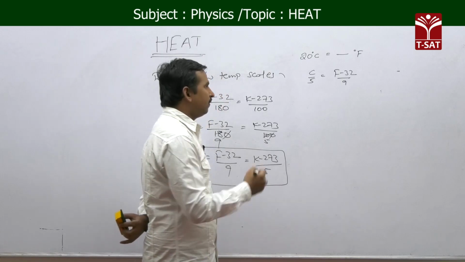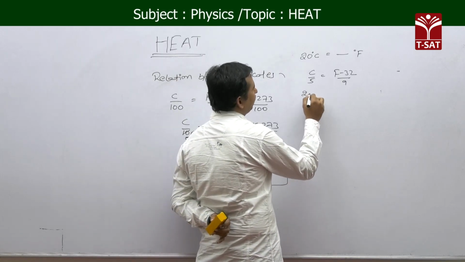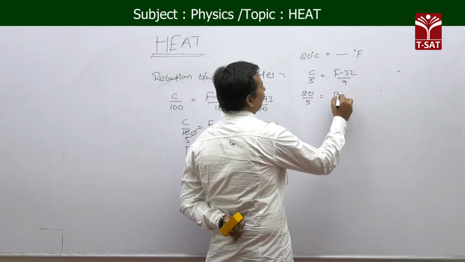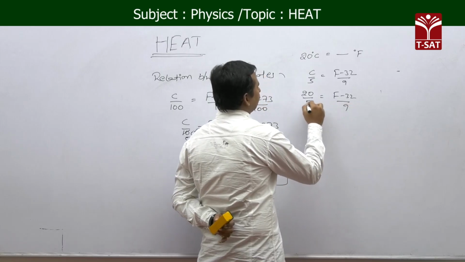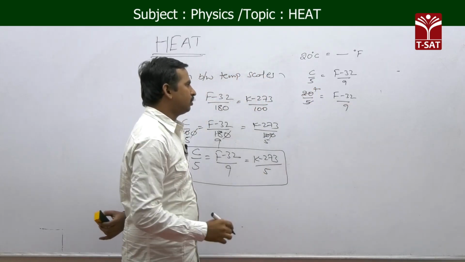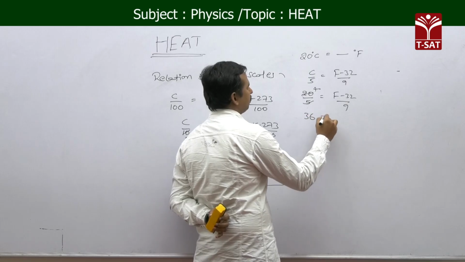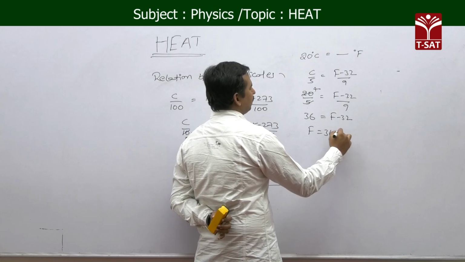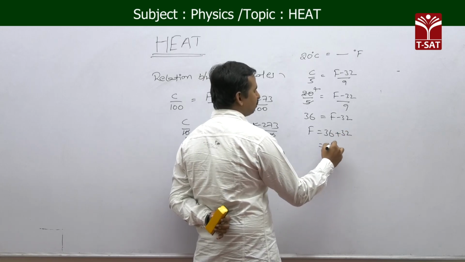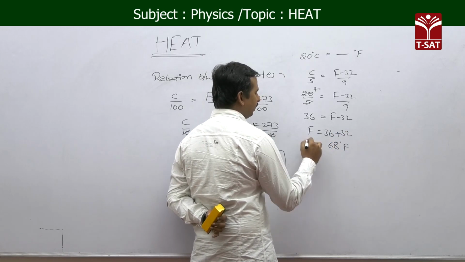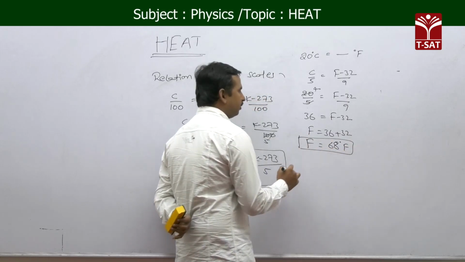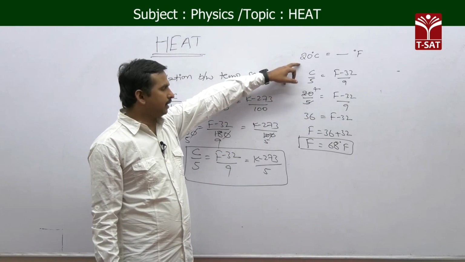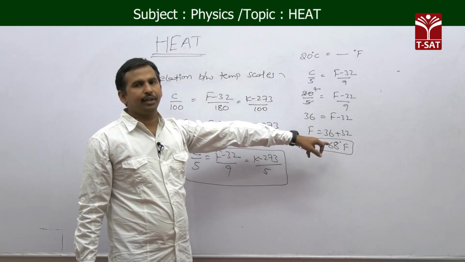Then 4 times 9 is 36, so 36 is equal to F minus 32. Then F is equal to 36 plus 32, which is 68 degree Fahrenheit. So 20 degrees Celsius is equal to 68 degree Fahrenheit.